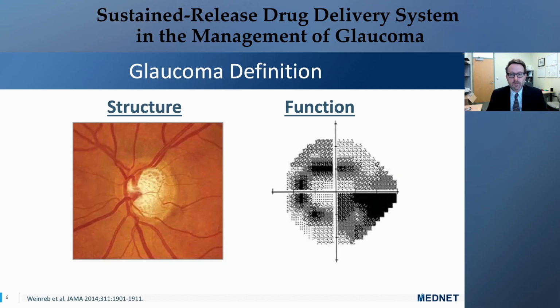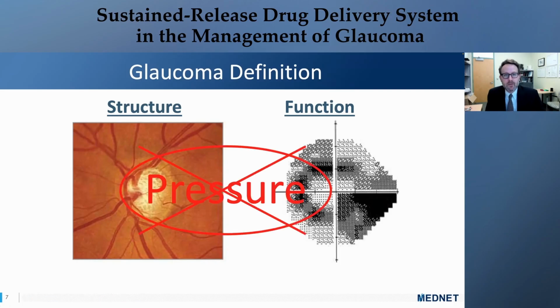This should correspond with a loss of visual function, which in glaucoma starts as loss of peripheral vision, and in the early and middle stages is largely asymptomatic. And this can progress to loss of central vision and blurry vision in the late and end stages of glaucoma. And this is when patients often become symptomatic from glaucoma, complaining of blurry vision.